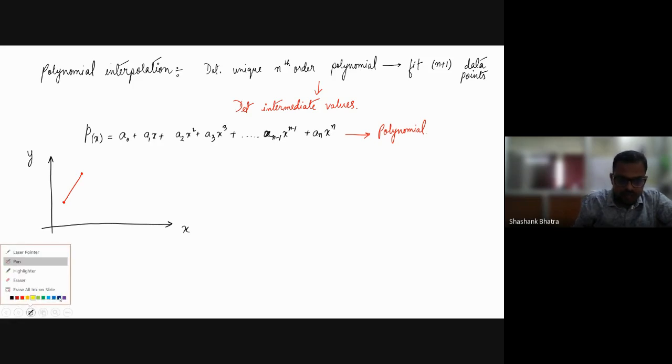Yes, a straight line. So this is a first order polynomial, and it is a linear line. Similarly, if you take 3 data points, whatever polynomial you obtain will be somewhat like this.